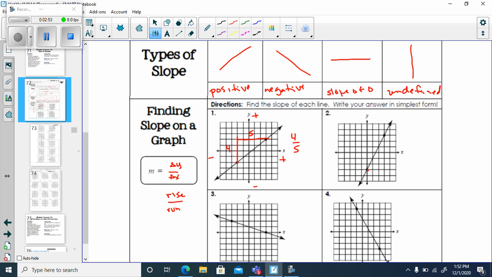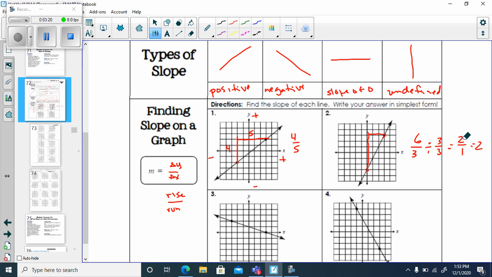Okay, let's try this one. This is a positive slope because it's going up as you read it left to right. I'm going up 1, 2, 3, 4, 5, 6. So I went up 6, and I go over 1, 2, 3. 6 over 3. Now, if I reduce that by 3 over 3, this would be 2 over 1, right? 2 over 1 is simply 2.